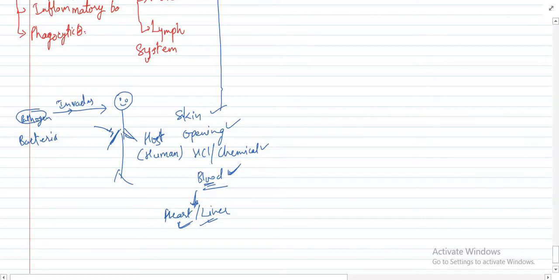So they live there and they start growing, they start working against our conditions, and they use our resources, and they start infecting the cells and get the food.